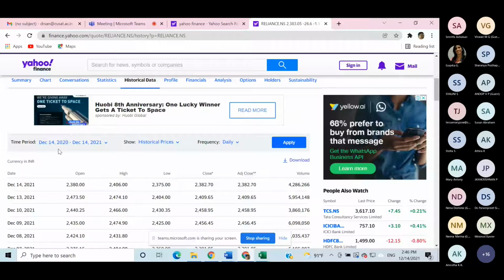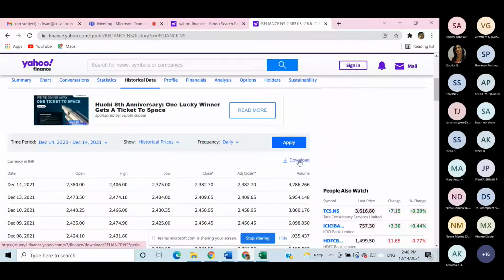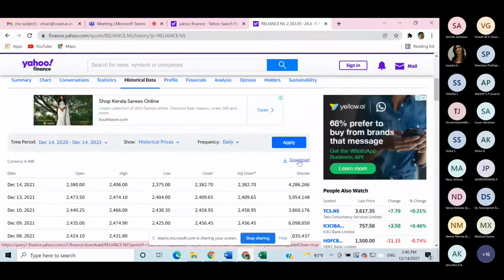For the same period, if you download, you will get the Reliance prices. So give download here.